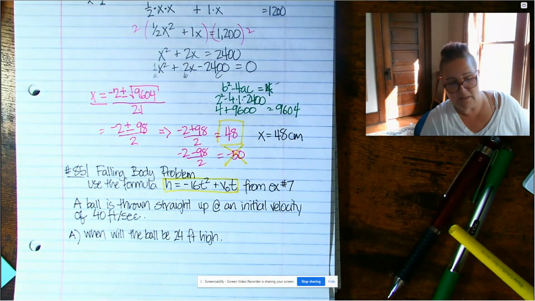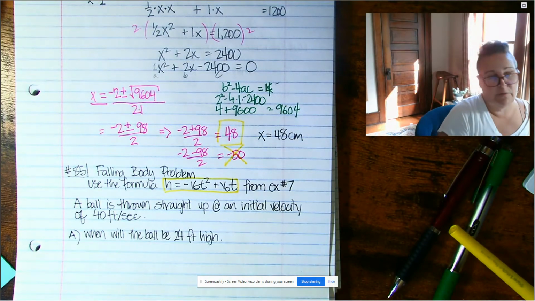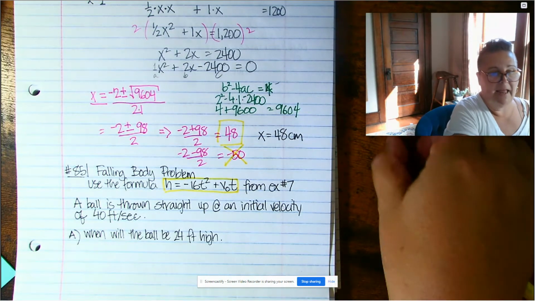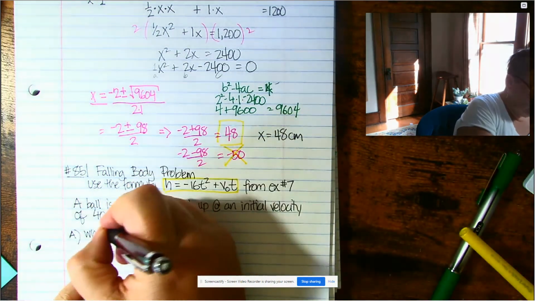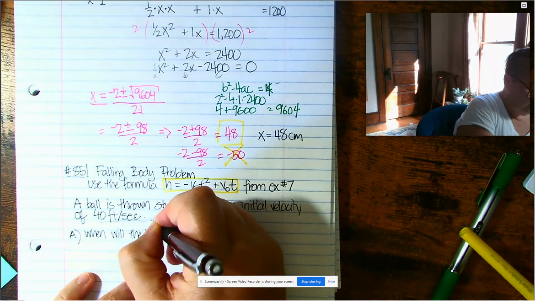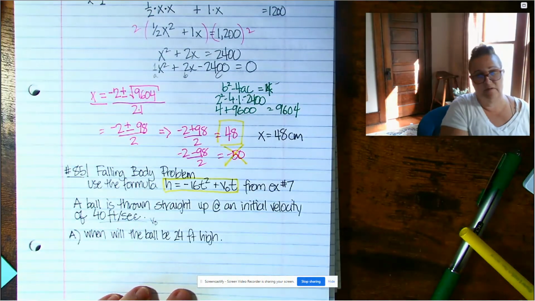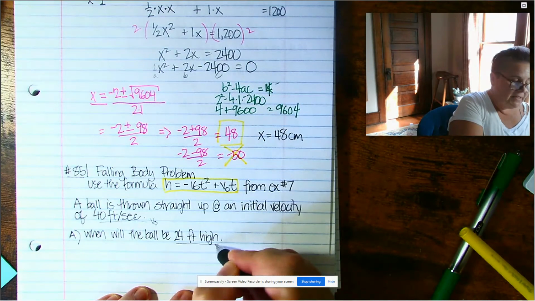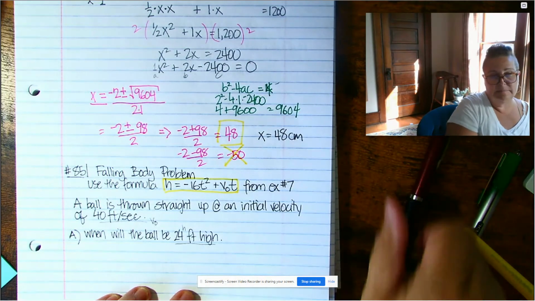All right. So it's important to note that they've given us different pieces of this, that they have told us what the V0, the initial velocity, V sub 0 is, and they've given us the height, so that's the height.